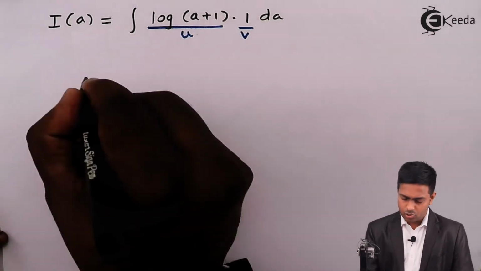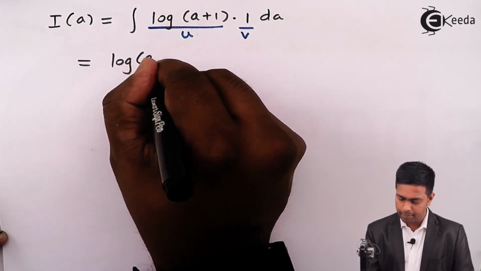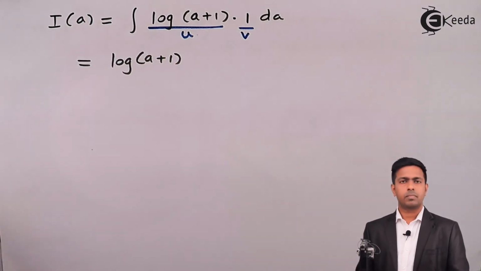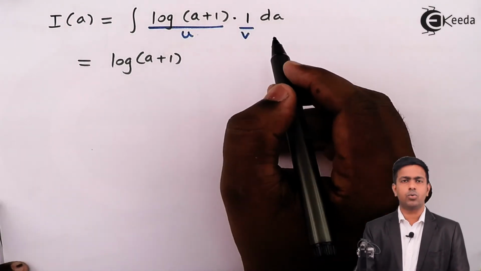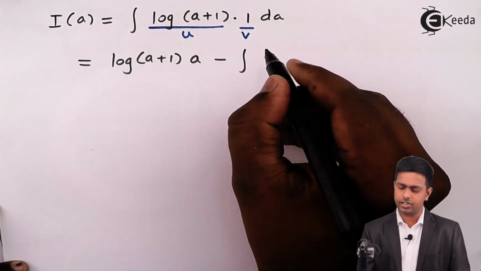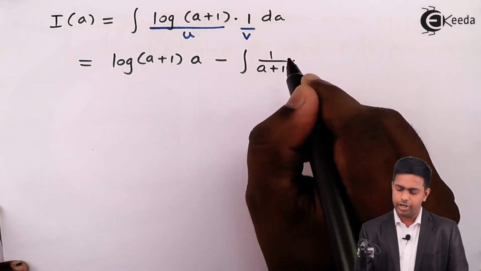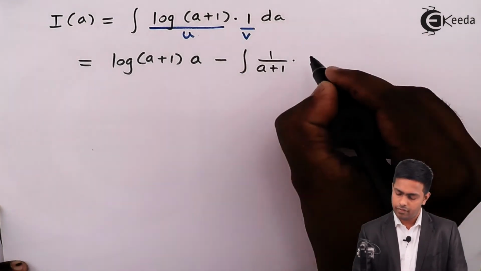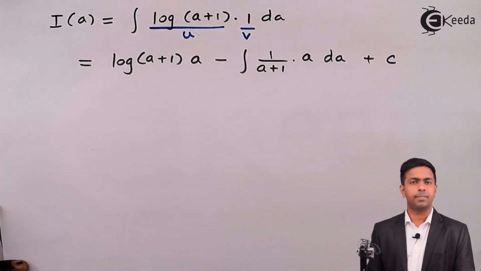So let's start. Here the first term is u, so log of a plus 1 as it is, integral of v with respect to a is a, minus integration of the derivative of u, which is 1 upon a plus 1, into the integration of v, which is again a, dA, plus c.